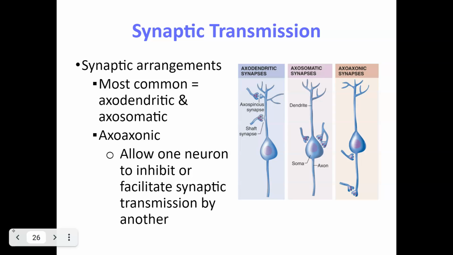The axoaxonic arrangements are going to allow the presynaptic neuron to either augment or inhibit the conduction of an action potential that has already started traveling down the axon of the postsynaptic cell.